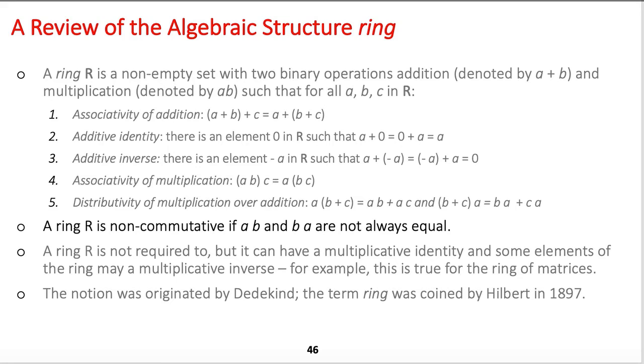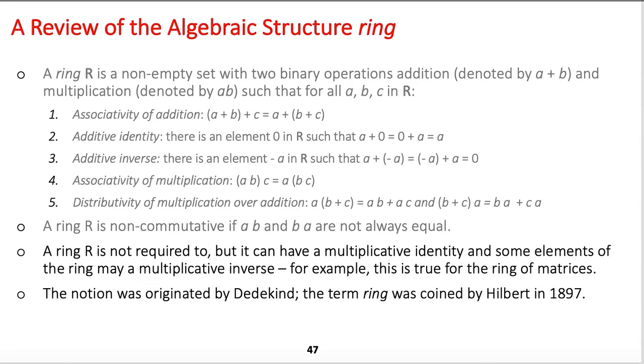For software, we are going to use a ring which is not commutative, which means AB is not always equal to BA. A ring is not required to have a multiplicative identity, but our ring will have a multiplicative identity, and some of the elements will have multiplicative inverse.